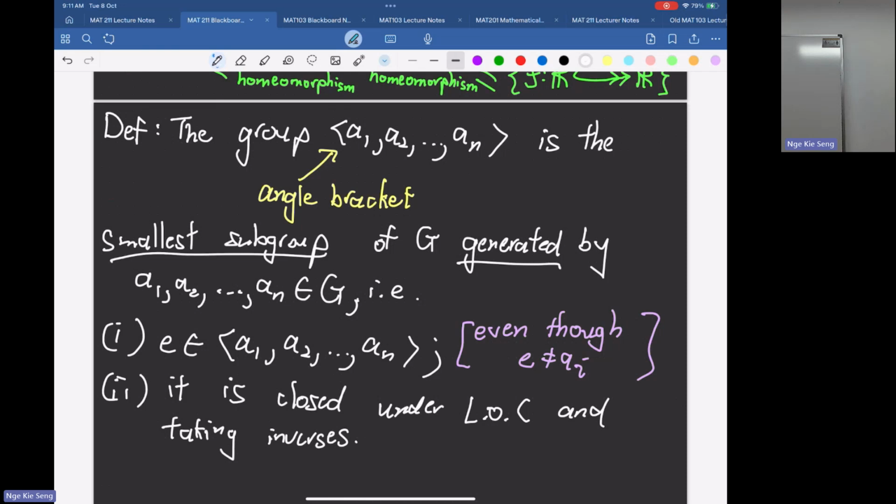What do you mean by recycle? Not quite. What is recycle? Change another one. Hurry. What does it mean by closed under composition?